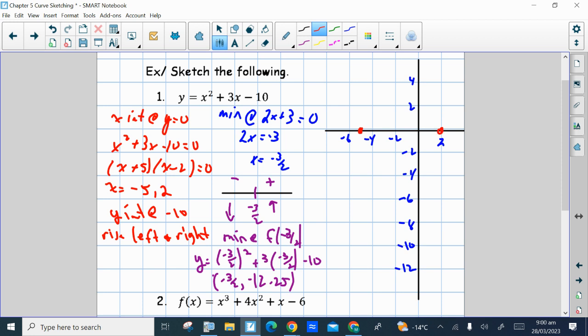My minimum point is at -1.5, comma, -12 and a quarter. So approximately right there. So there's a sketch of our graph.